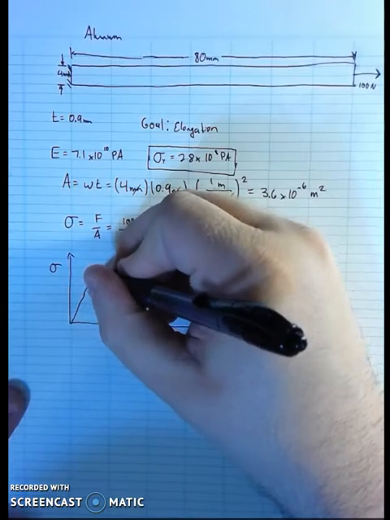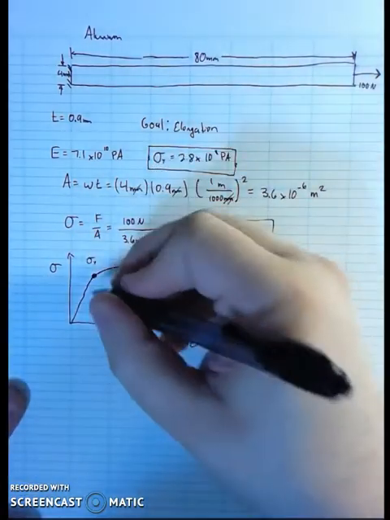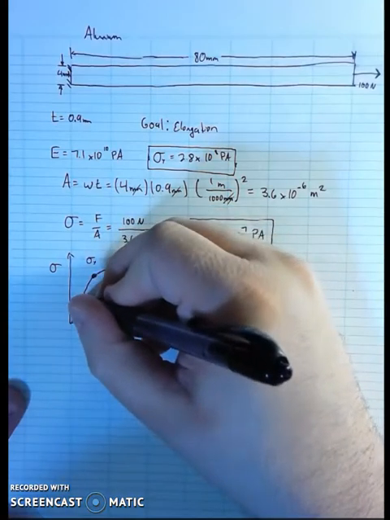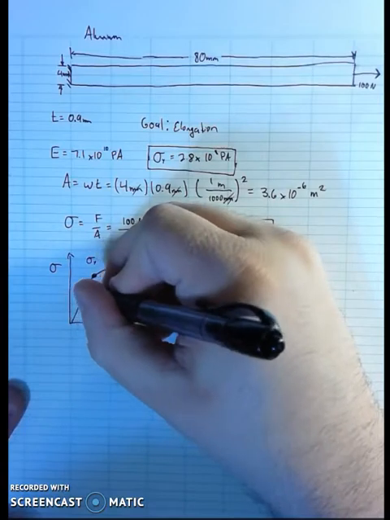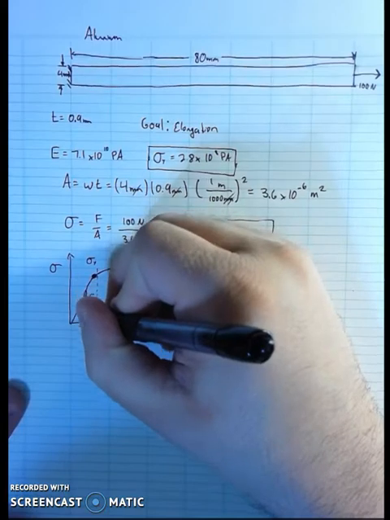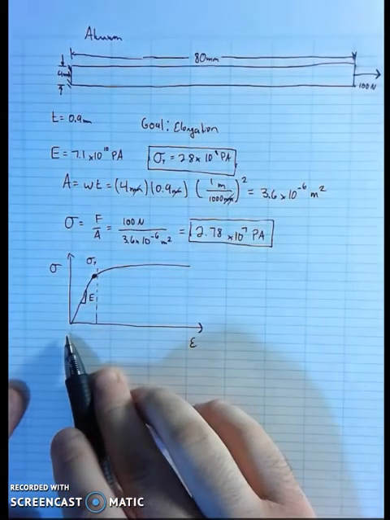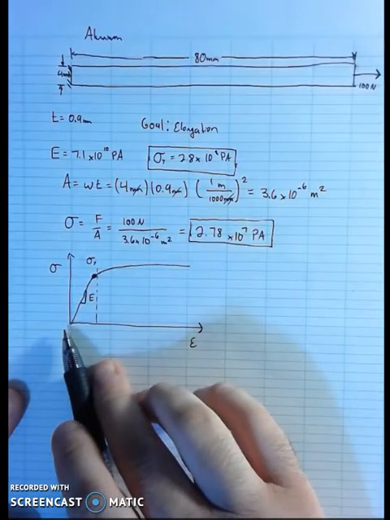This guy right here is approximately the yield stress, and this region here has a linear slope. That slope is the Young's modulus, and provided I am to the left of this dotted line, I am in the linear region where I have elastic deformation, not plastic deformation.